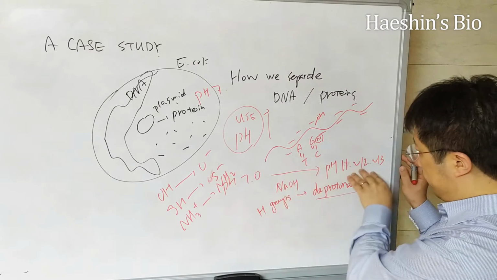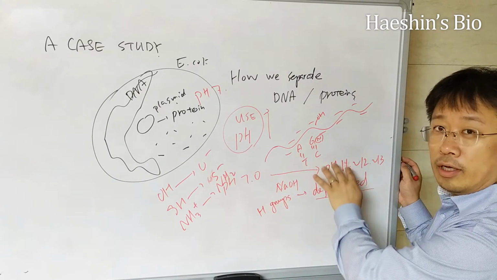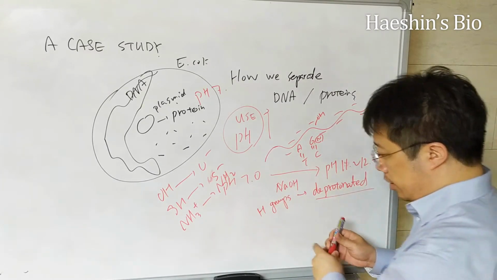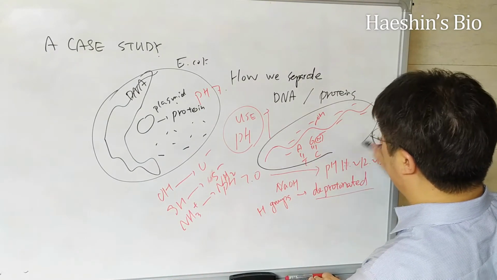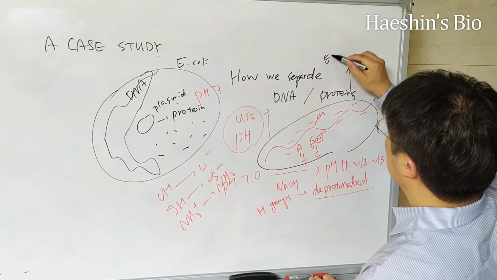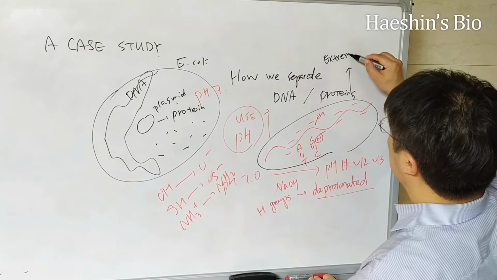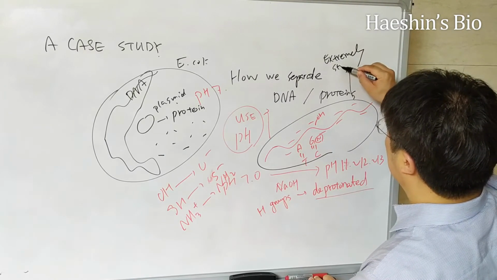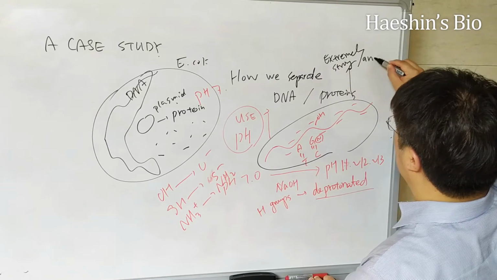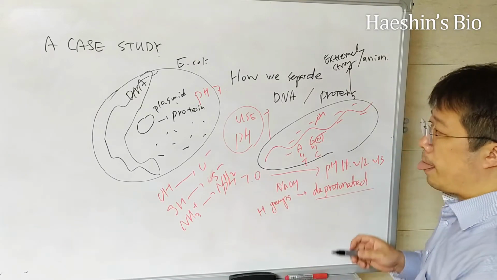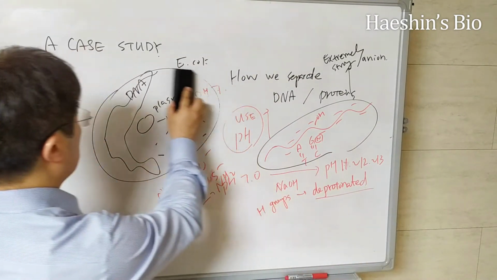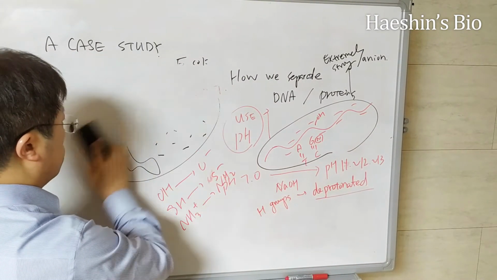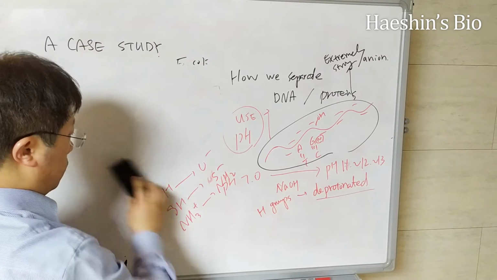So at this extreme alkaline pH, the DNA becomes an extremely strong anion.